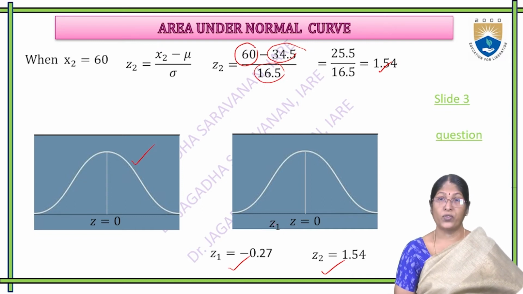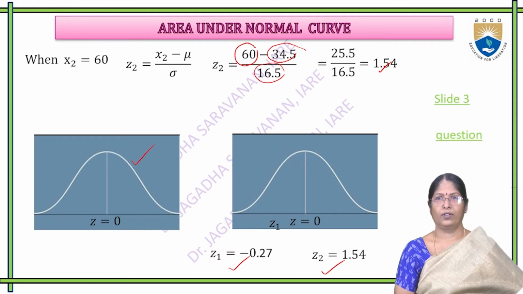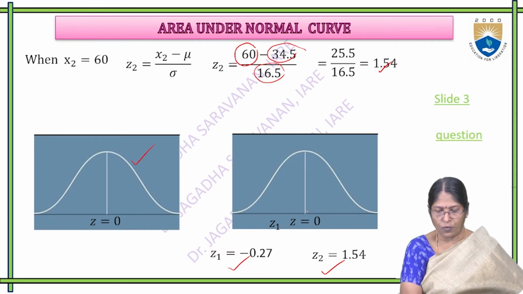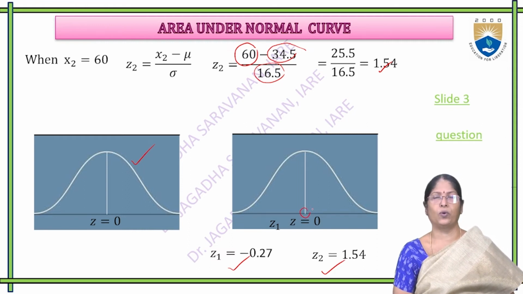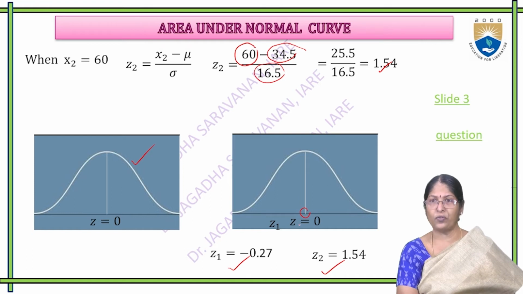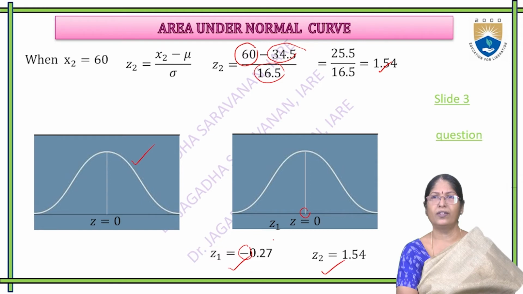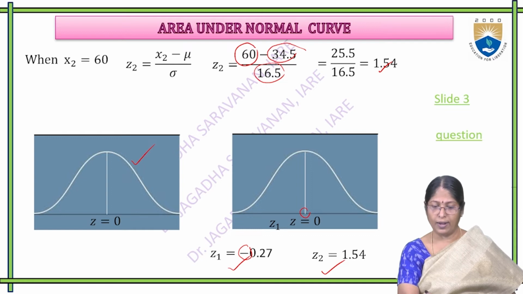Now the z1, we placed it to the left of z equal to 0. Why did we place it to the left of z? Why not the right of z? Because of this negative sign, we have decided that it should compulsorily be on the left side of z.